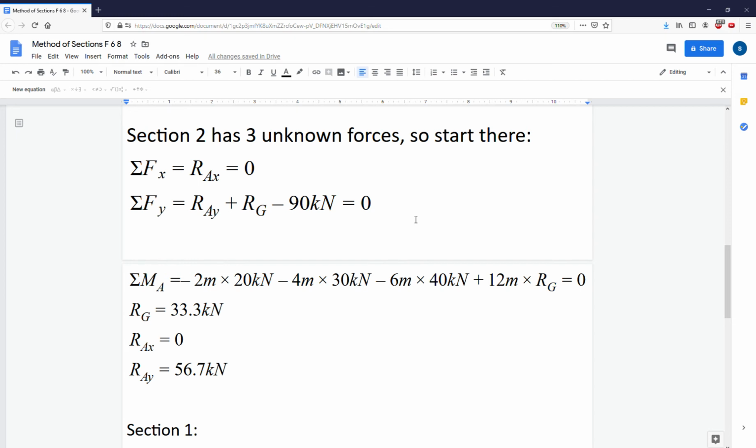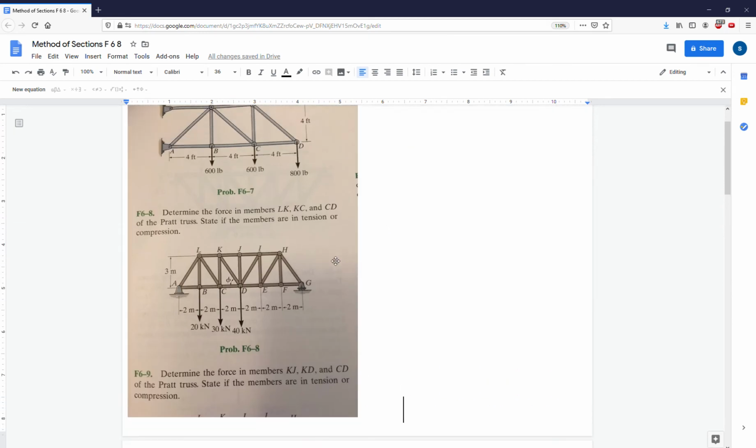And last, our sum of moment equation, we should pick a point of rotation. I picked A. That way I would get rid of both AX and AY in unknowns, meaning the only unknown force would be the reaction at G. So in the A, and for direction I'm going to rely on the right-hand rule, these three load forces will create a negative moment, or a moment that would cause it to rotate clockwise.